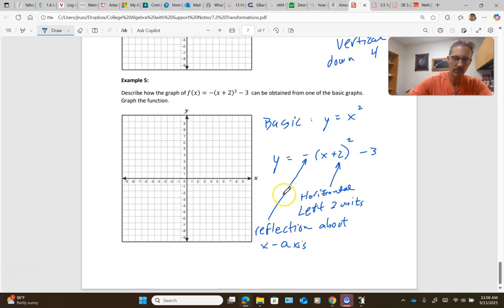Okay, and that's not a very good mathematical way of expressing it, but it works. And then finally, that negative 3 that's at the very end, that will cause a vertical transformation, and it will shift it down 3 units. Okay.